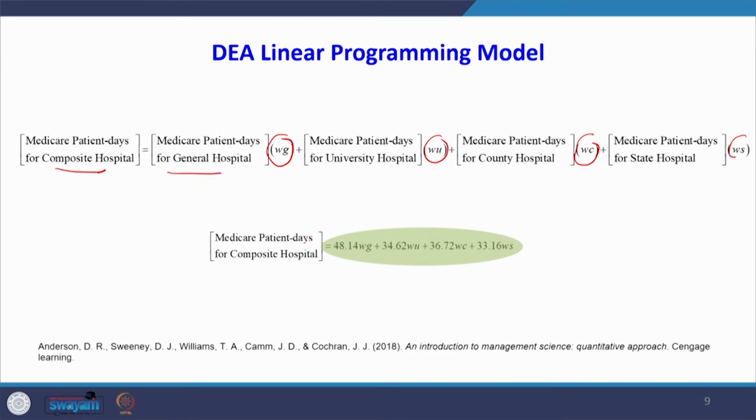So, the Medicare patient days for the composite hospital is 41.14 Wg plus 34.62 Wu plus 36.72 Wc plus 33.16 Ws.